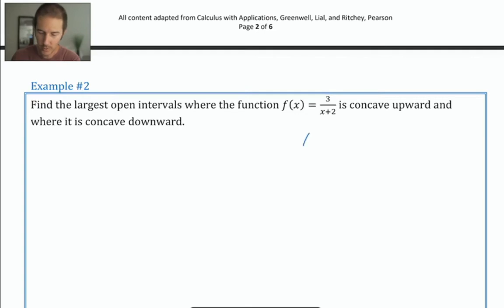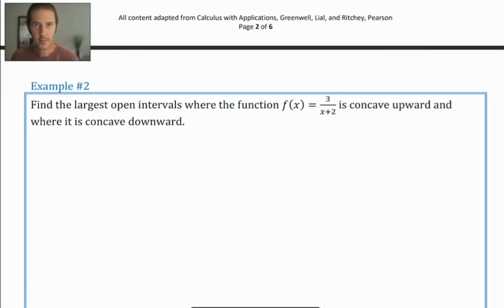I'm pretty sure that an x value of -2, which would cause division by 0, which would cause a vertical asymptote, is where we're going to see our inflection point, or at least an x value that corresponds to where concavity changes. I'm going to make that assumption, but I'm just going to hold it in my mind.